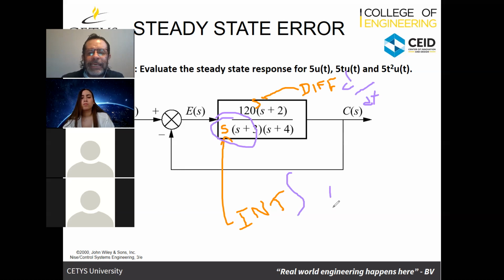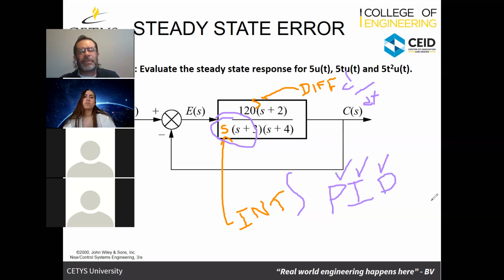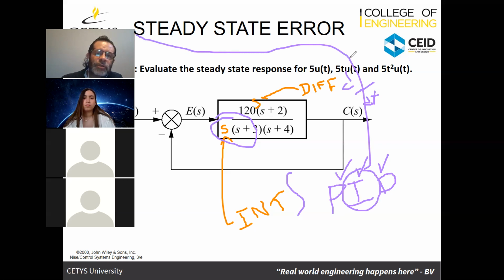But in a PID controller, every letter has a function, and we're going to see that in the next topics. Every letter has a function, but the I in a PID directly has to do with the steady state error. By adding a PID controller, I'm automatically adding this S here on the bottom that I need.